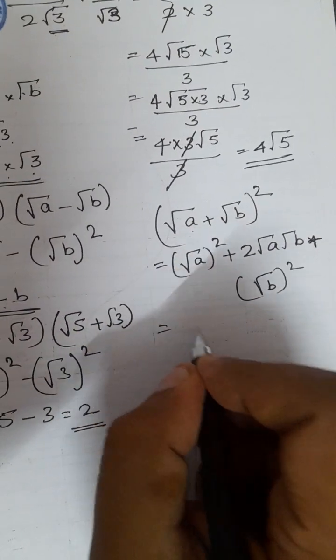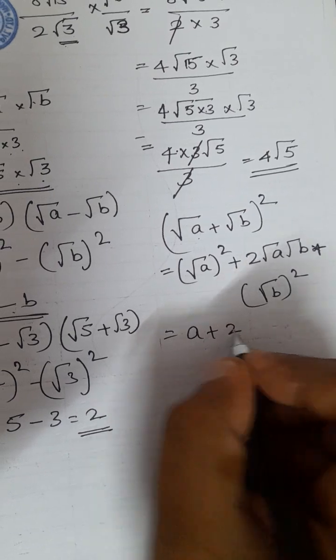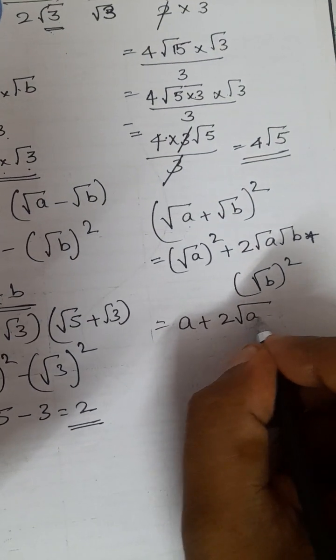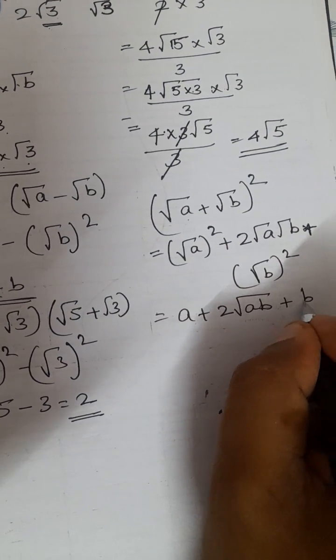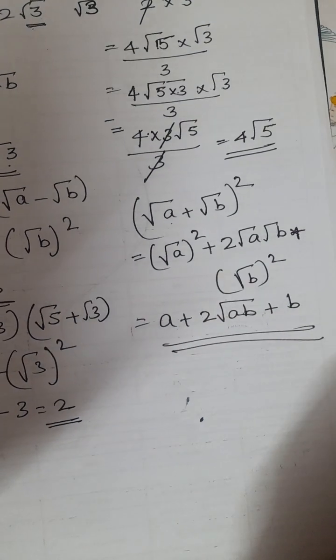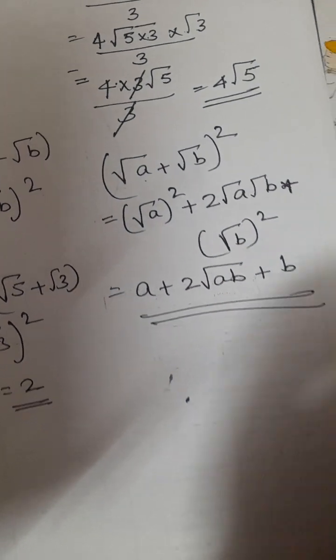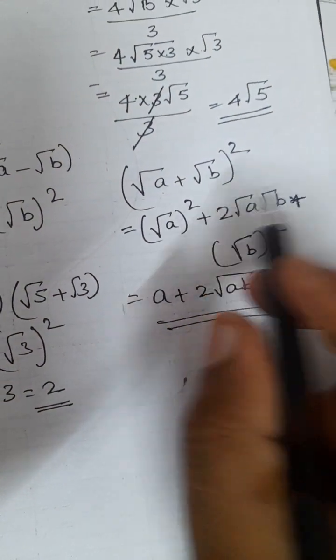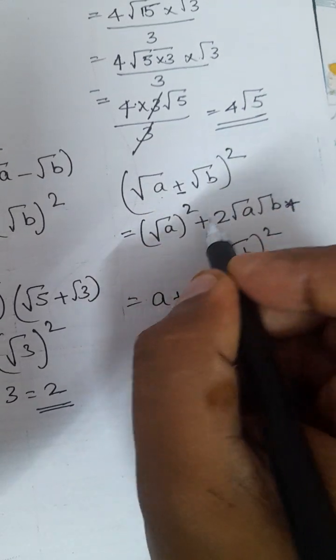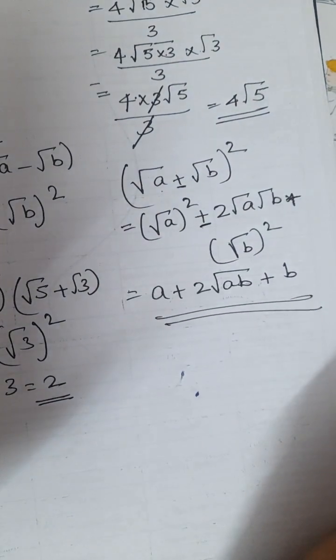So this is nothing but a plus 2 root ab plus b. This is the formula which has to be remembered. When it is minus, this becomes minus. When this is minus, this will also become minus. Okay?